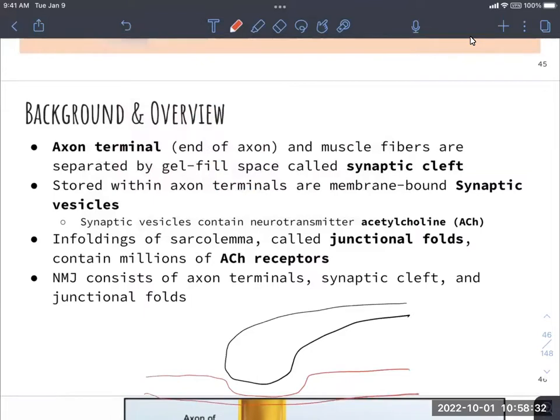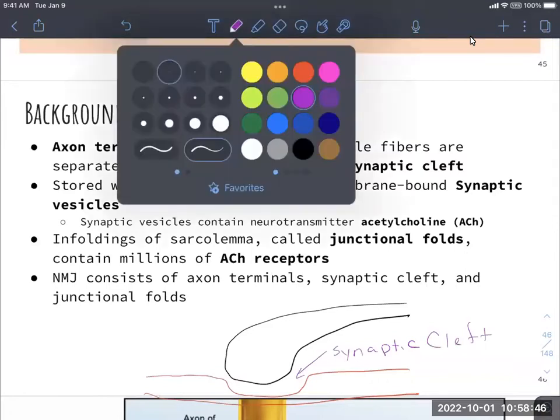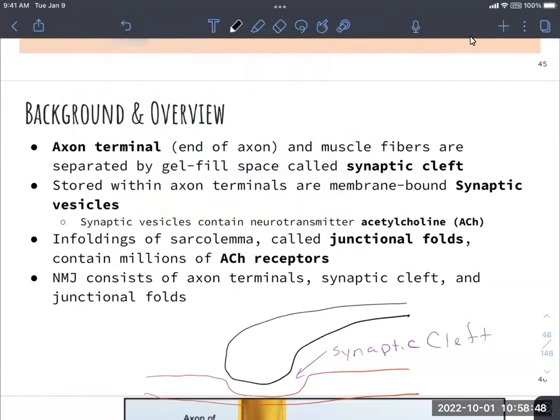This is called the synaptic cleft. Here, this is my axon terminal.